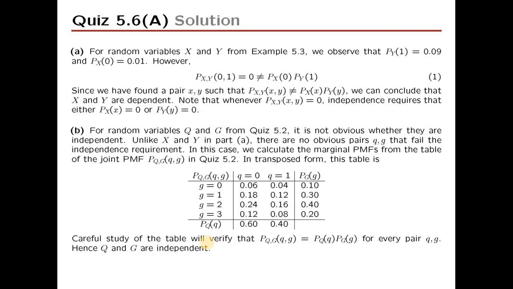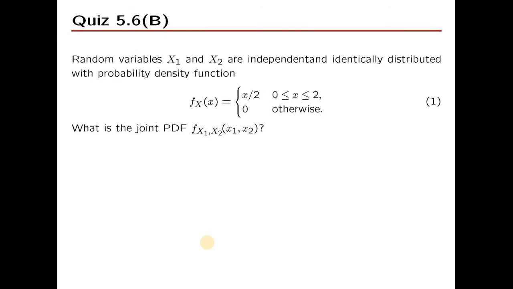Now we move to the next part of the quiz, related to the continuous case, and it's a very interesting one. It says that assume you have two random variables X1 and X2, with the marginal probability density function given for each.